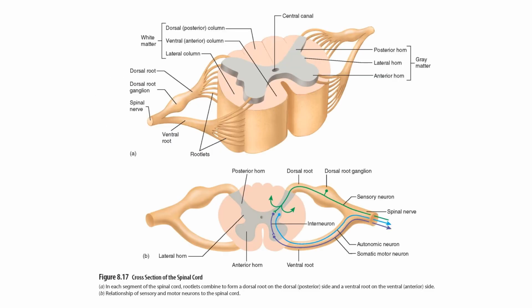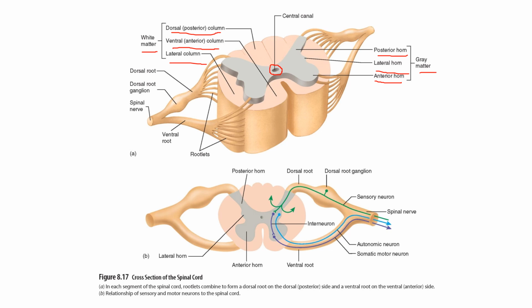So this is actually how it looks. Outside, on the white matter, you have the dorsal column, a ventral column, and a lateral column. So that's the white matter. For the gray matter, you will see a posterior horn, a lateral horn, and an anterior horn, and at the middle, your central canal.